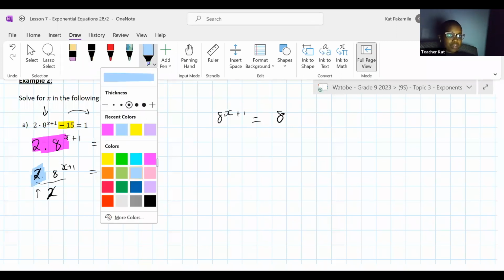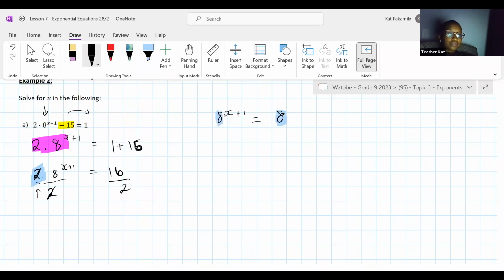Oh, we have the same bases. So what can we do to the exponents? Now we can work with the exponents. So basically, if 8 is by itself, we would just say in our heads, 8 to the power of 1.